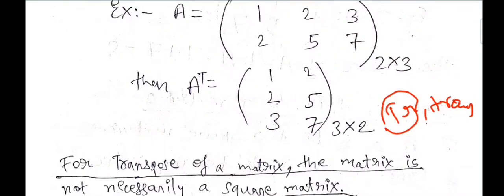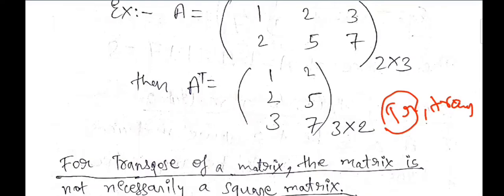This matrix may be a square matrix. If a matrix is a square matrix, then its transpose can be found out, and if the matrix is not a square matrix, then also its transpose can be found out. So both kinds of matrices are possible for a transpose to be found out.